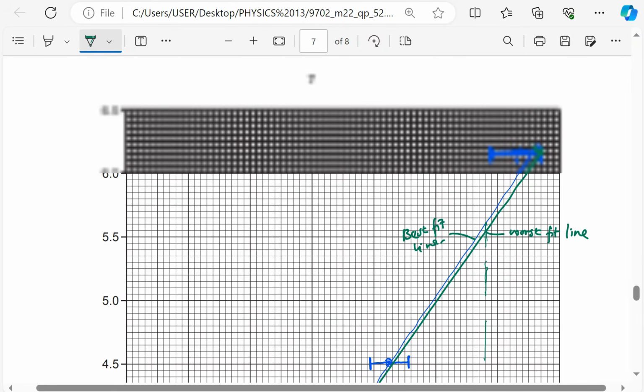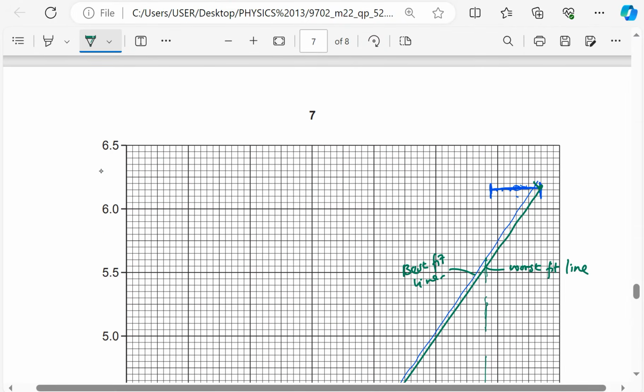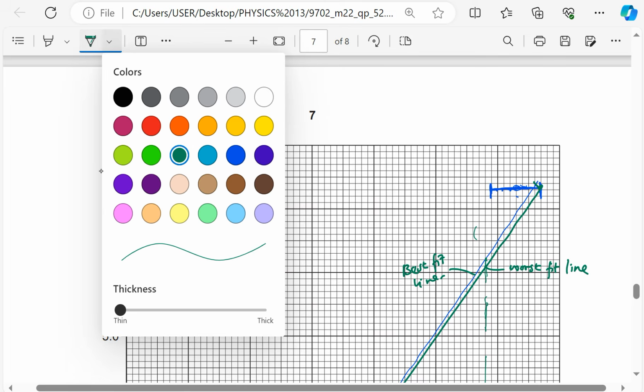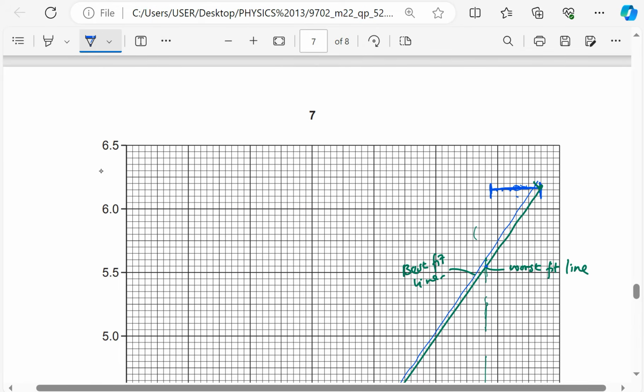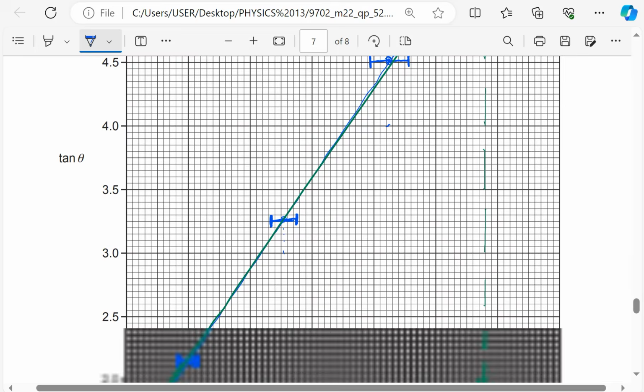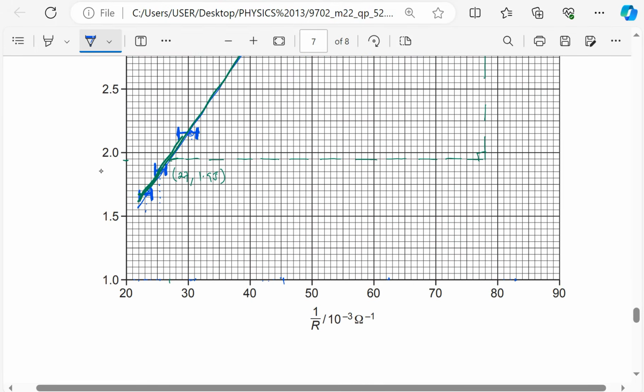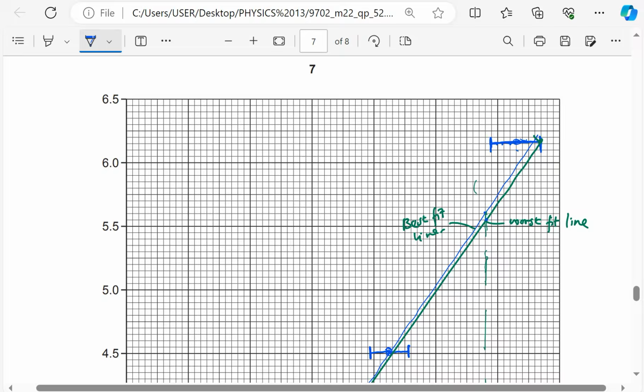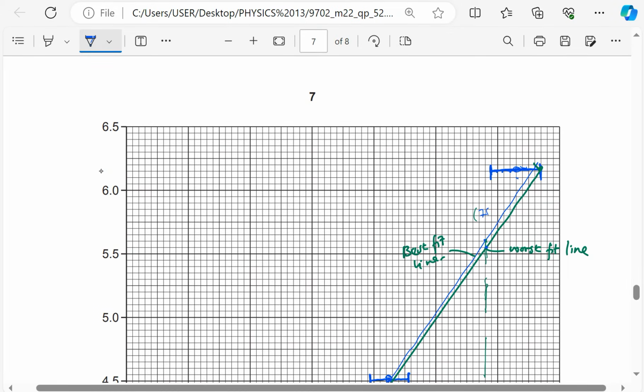Then here I have up and below. Below I have this point. Let me change the color. So I have this point here and this point here. Above, on the x-axis, this is 20. That is 78 on the x-axis for both. So this is 78, 78 for both. On the y-axis, they change slightly.